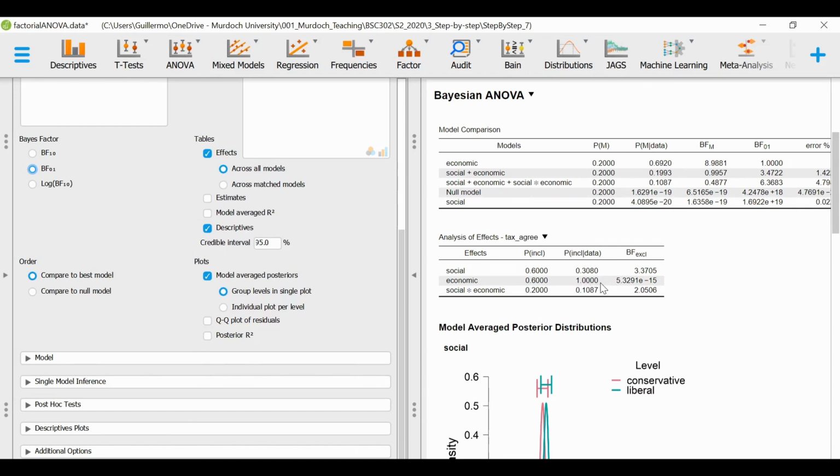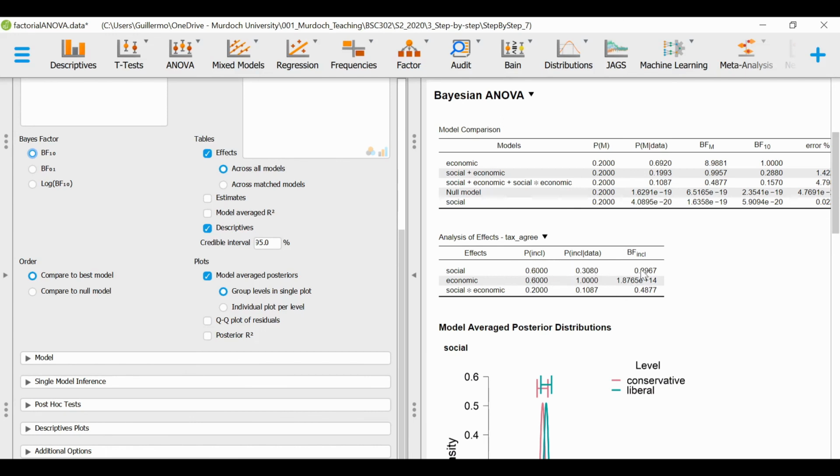Okay, then now we have Bayes factor exclusion. That's because I used BF01, but if what we are interested in is the inclusion, I have to use BF10, and now it appears. The Bayes factor inclusion calculates the posterior odds divided by the prior odds.